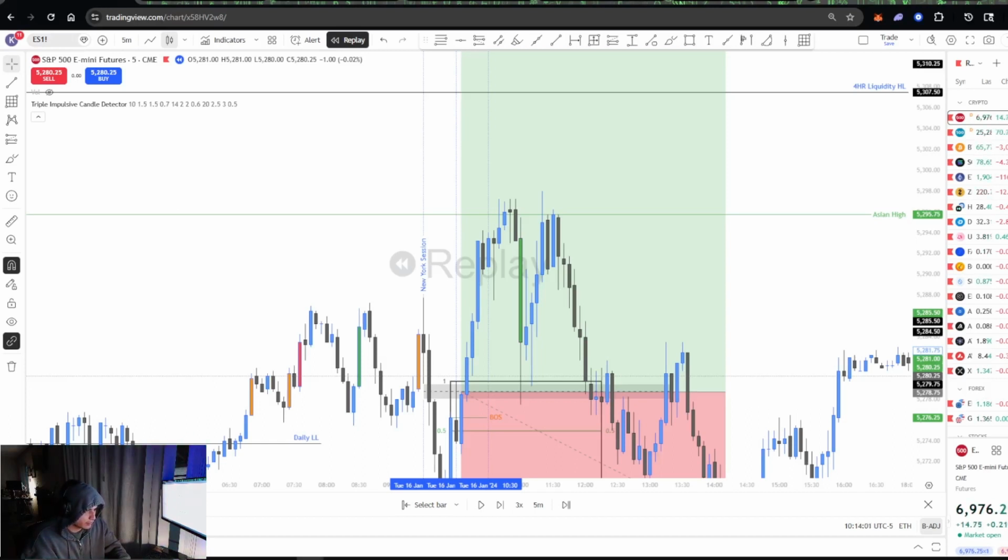The only thing is that the candles did not reverse back down and kept going up.